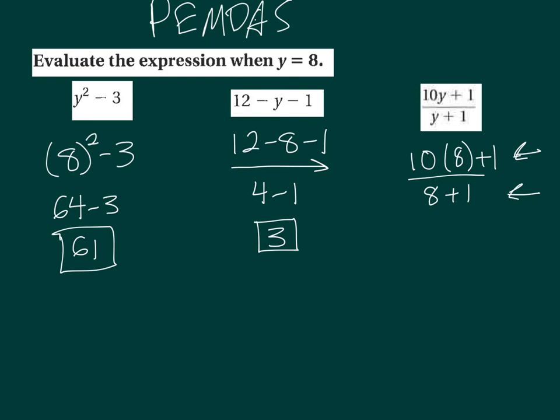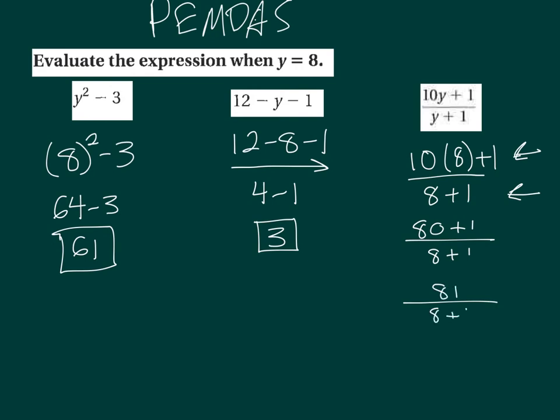So we can start with the numerator. We're going to do the same order of operations. There's no parentheses, there's no exponent, so we go to multiplication and division. We got 10 times 8 is 80 plus 1 over 8 plus 1. Now we're going to do addition on the top. 80 plus 1 is 81 over 8 plus 1.